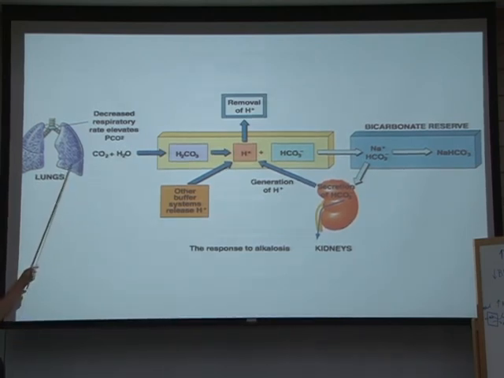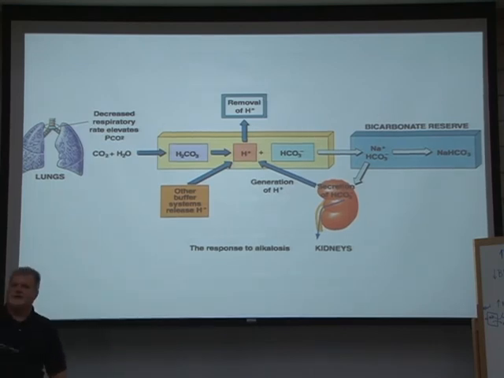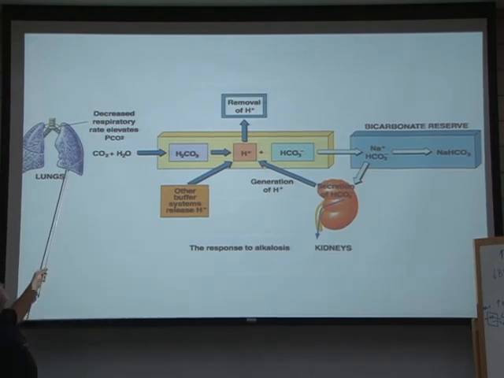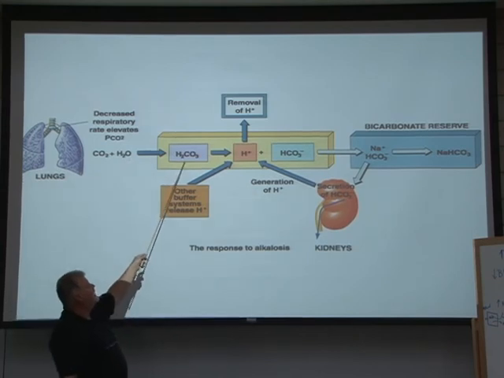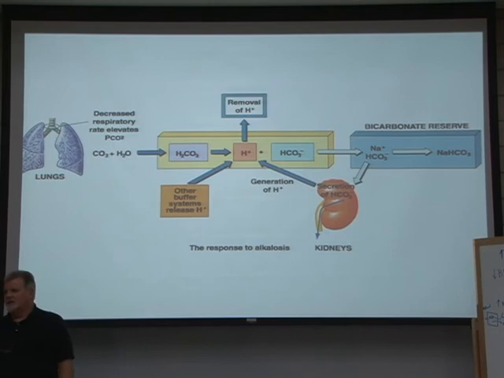The lungs, if we're in a state of alkalosis, it means we don't have enough carbon dioxide in our blood. So would the lungs hyperventilate or hypoventilate? It would be hypoventilation, because we want to increase the amount of carbon dioxide so we can make more carbonic acid and free up these hydrogen ions. So we would hypoventilate. And that's what would bring it back.